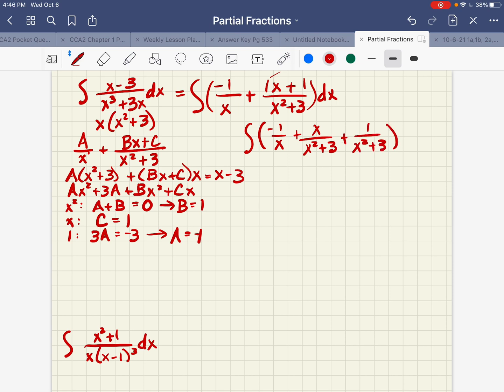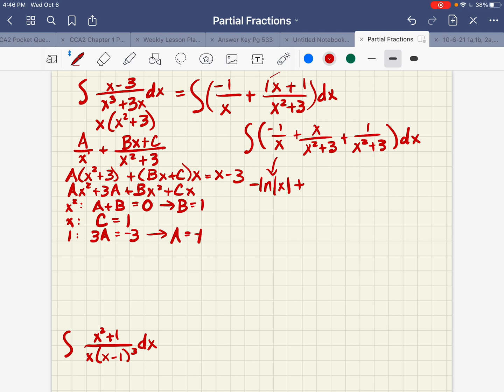So this isn't really partial fractions, but it is a calculus trick that makes the integrals a little bit easier. So this one would become negative natural log absolute value of x. And then this one, I see a u-du pair, right? If I make u be x squared plus 3, du is 2x, which there's an x in the numerator.